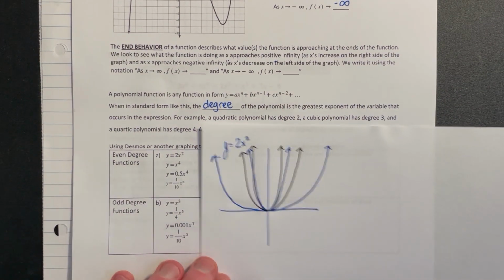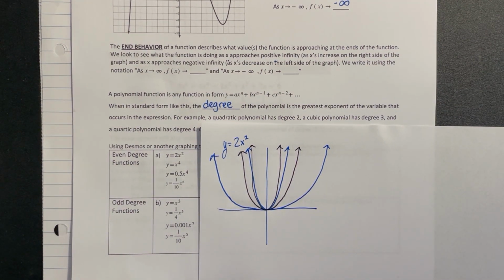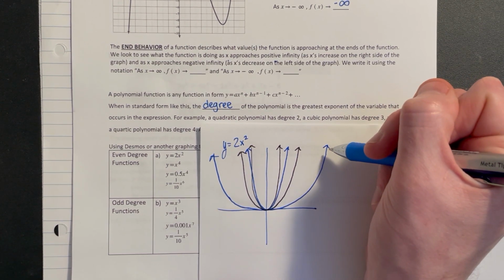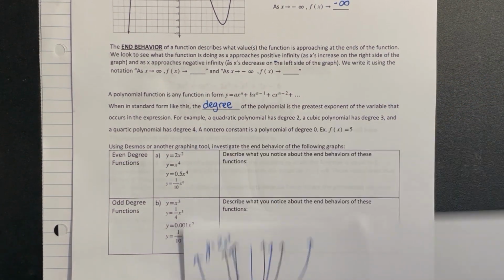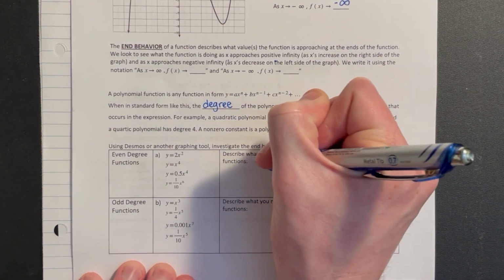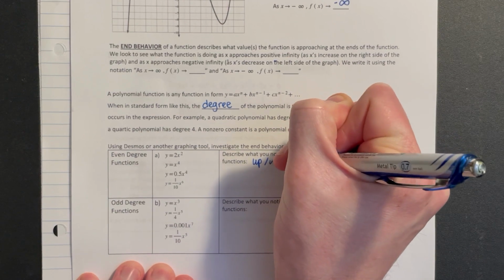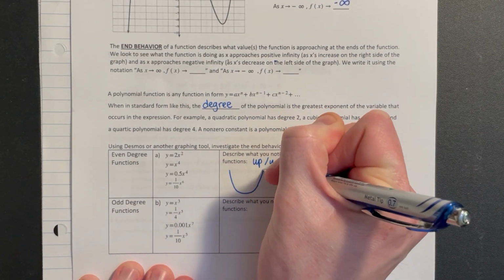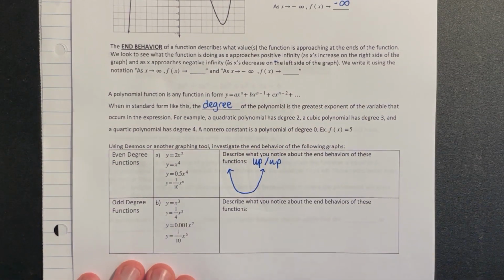What we'll notice is that all of these polynomials have an up-up behavior where they're pointing up on the left and up on the right. So if we describe what we see, we can call that up-up, where it's going up on the left, up on the right, no matter what.